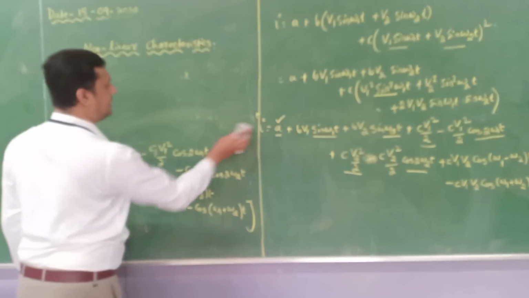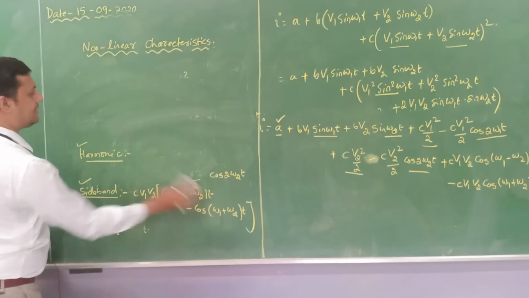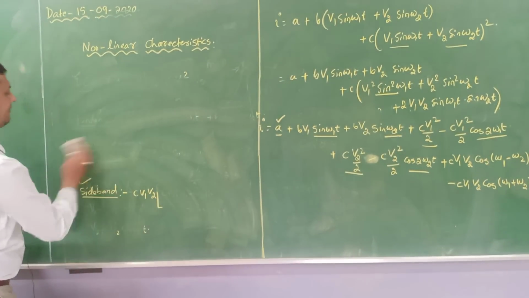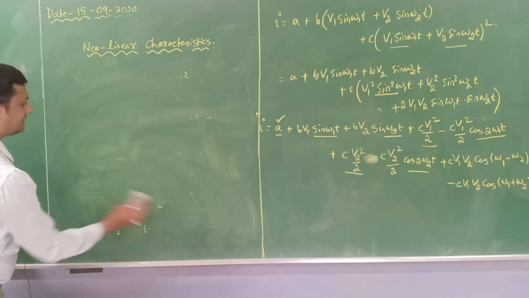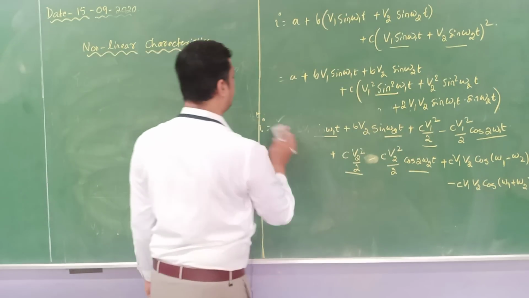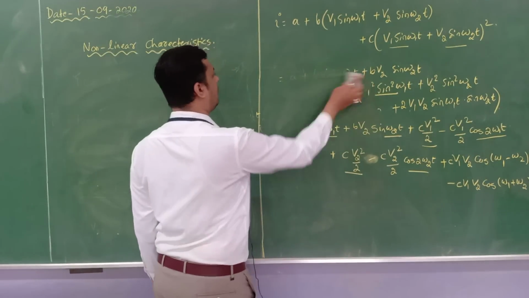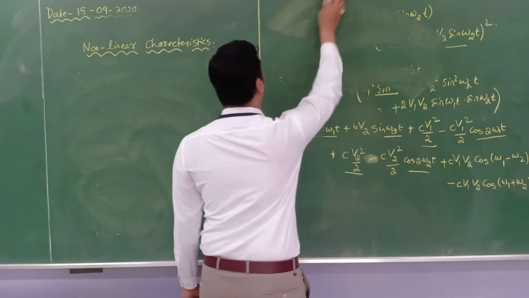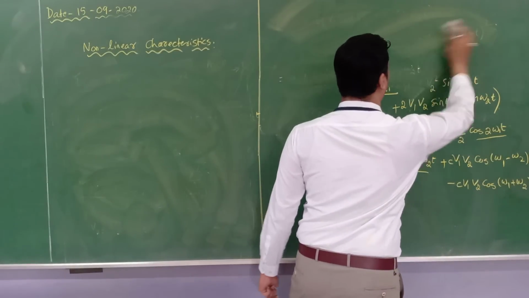So now we will see the generation of an AM signal using a nonlinear device, and that modulator is called the square law modulator, or diode modulator.